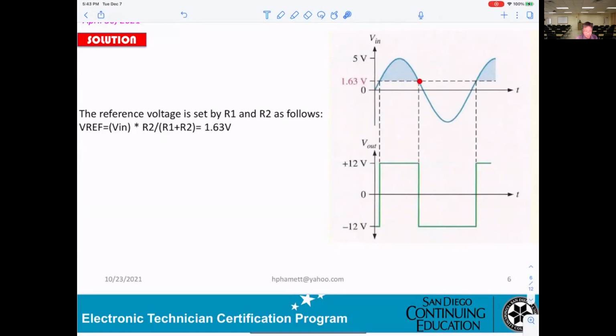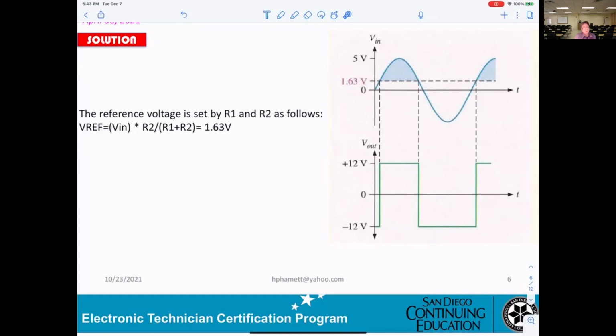Okay, from this point to this point, it is less than the reference, so the output goes to negative saturation. And now it goes back higher than the reference, so it goes to positive saturation. Basically, that's very, very simple, okay?